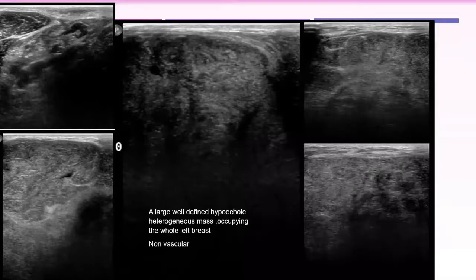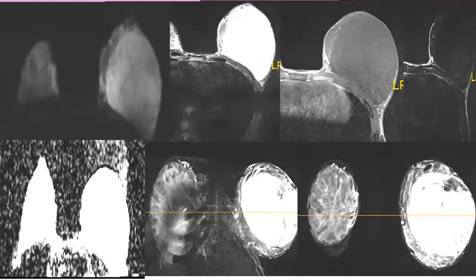Yes, huge, involving most of the breast. That is why you could not see the margins. You see, it is a well-defined heterogeneous mass, but in this case it was non-vascular. And see it here in ultrasound and MRI, almost occupying the whole left breast and enlarging the breast.